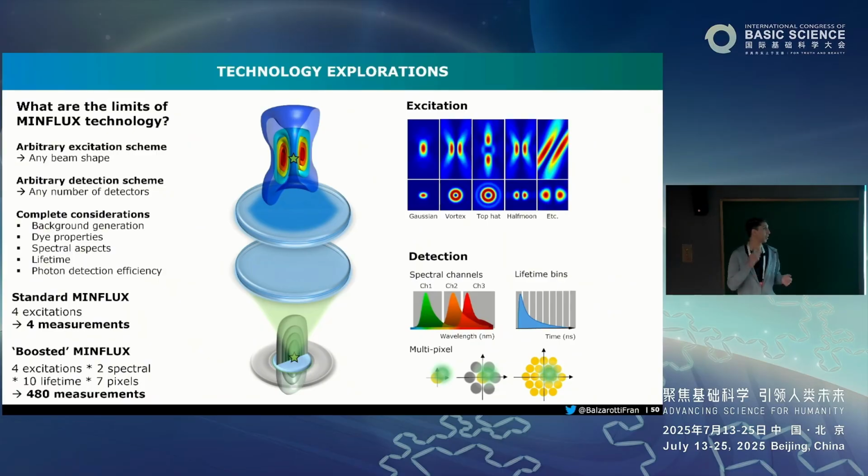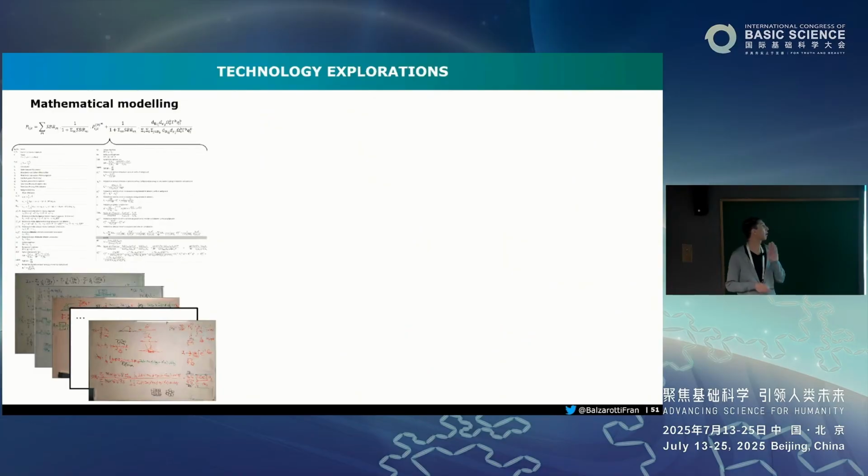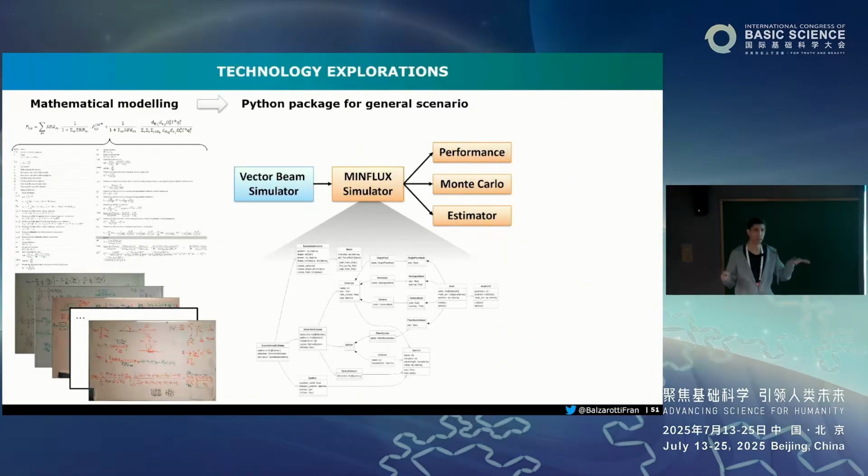So a very trivial example of this, but it's still valid because we developed a very large model that accounts for a lot of things, background, all these time beams and so on. We made a simulator that can give Cramér-Rao bounds, can simulate, and can estimate, and it's fed by a vector beam simulator for beams. We actually also closed a loop here from the performance to the vector beam with the PyTorch library, and it works.